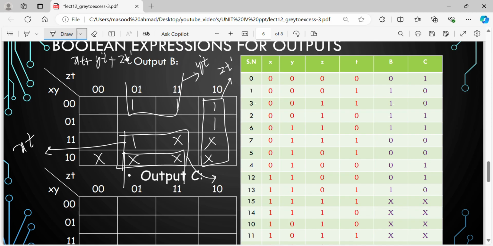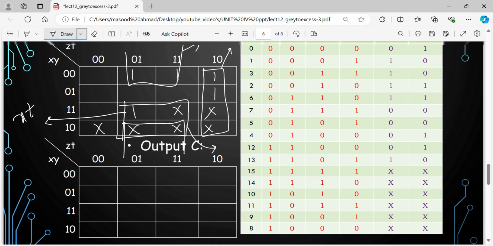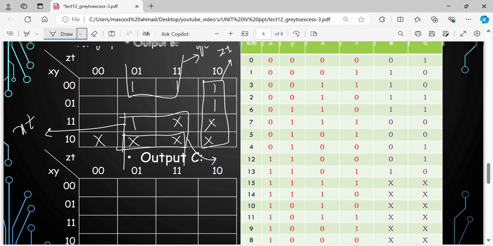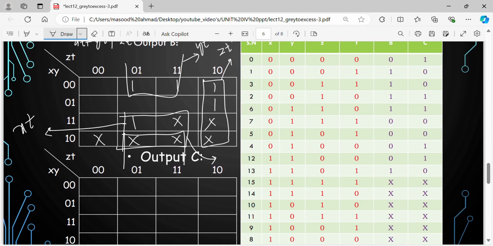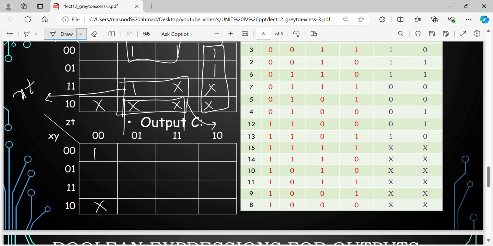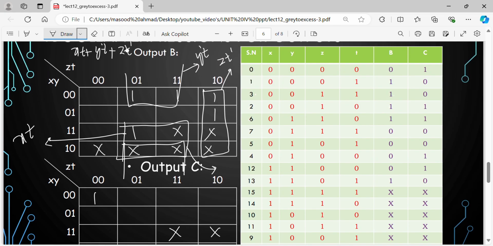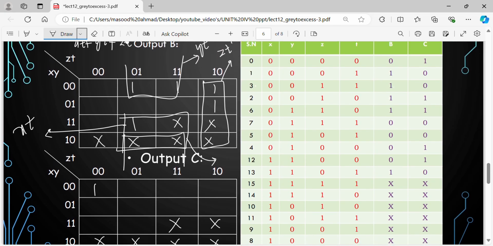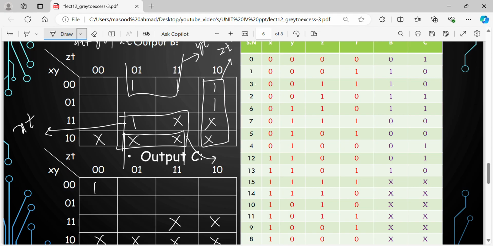Similarly, I can write the expression for C. I am entering the values of C. C is 1 for 0. Of course, we know the rest are don't cares. Now enter the values of C into the map. It is 1 for 2 and also for 6, then 1 for 4 and 12.